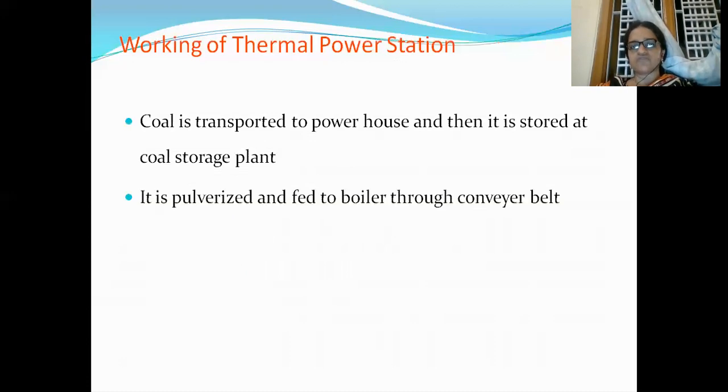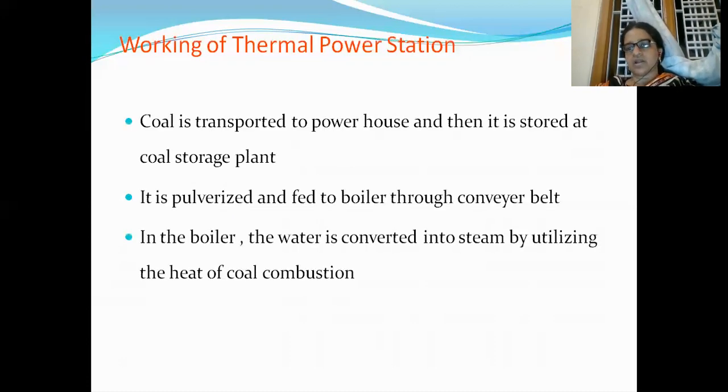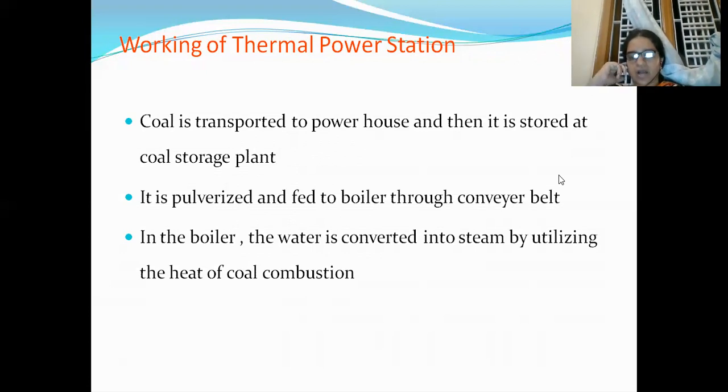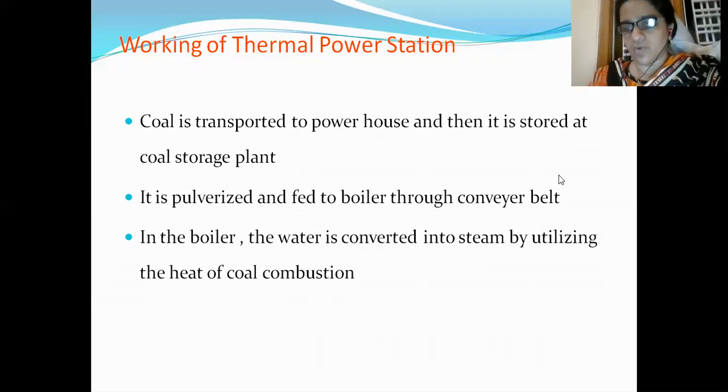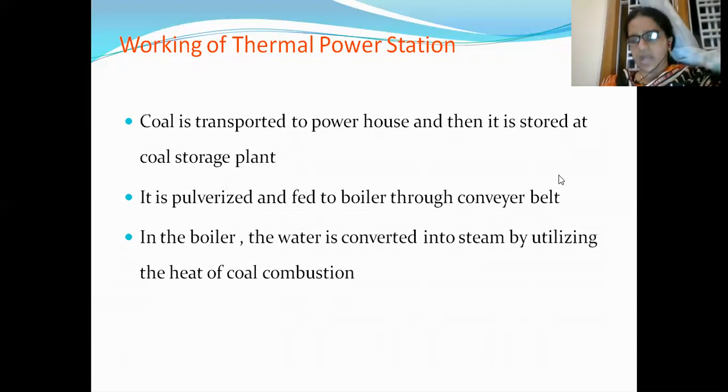Next is the working of a thermal power plant. Okay, I will explain how a thermal power plant works. Coal is transported to the powerhouse and then it is stored in coal storage plants. I have already told you about Singareni collieries, where we have coal mines.